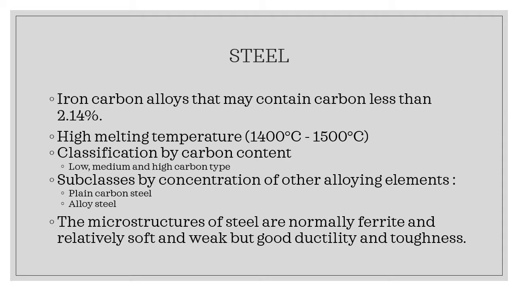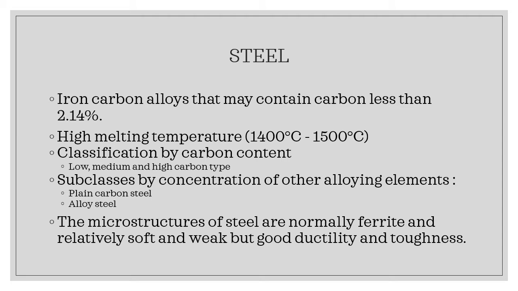Let us move on to the first ferrous metal, which is steel. Steel is an iron that contains less than 2.14% carbon. It has a high melting temperature that ranges between 1400 and 1500 degrees C. It is classified by the carbon content, which is low, medium, and high.